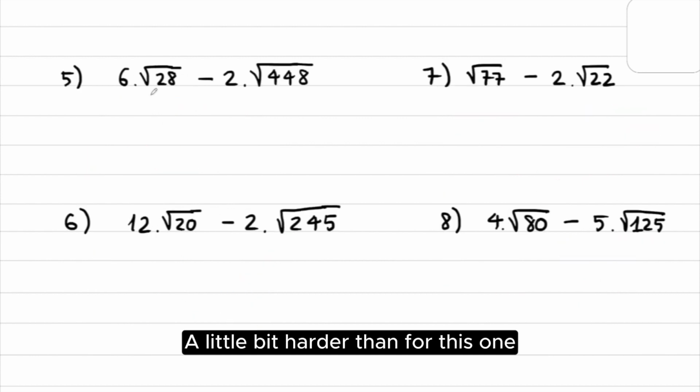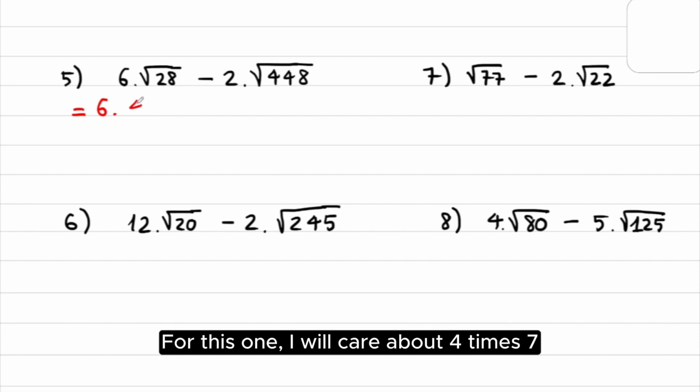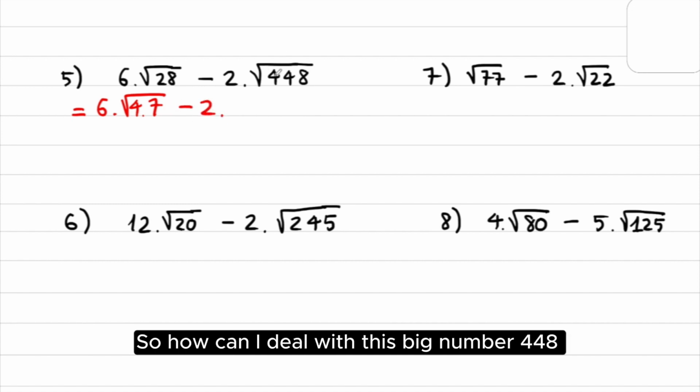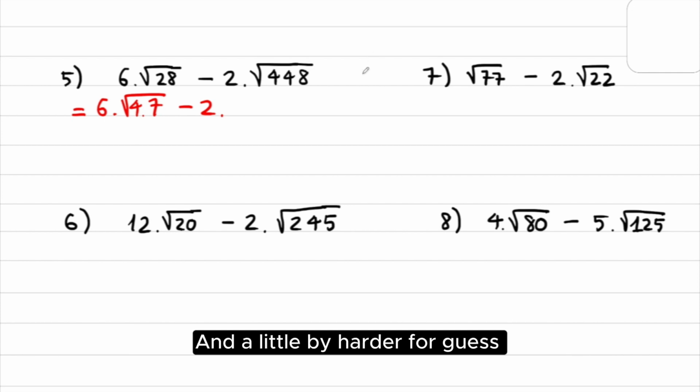A little bit harder than this one, because I can see now this one is a bigger number. So I will do one by one first. For this one I will care about 4 times 7. And for this one, how can I deal with this big number 448, a little quite harder. So I will base on this one.